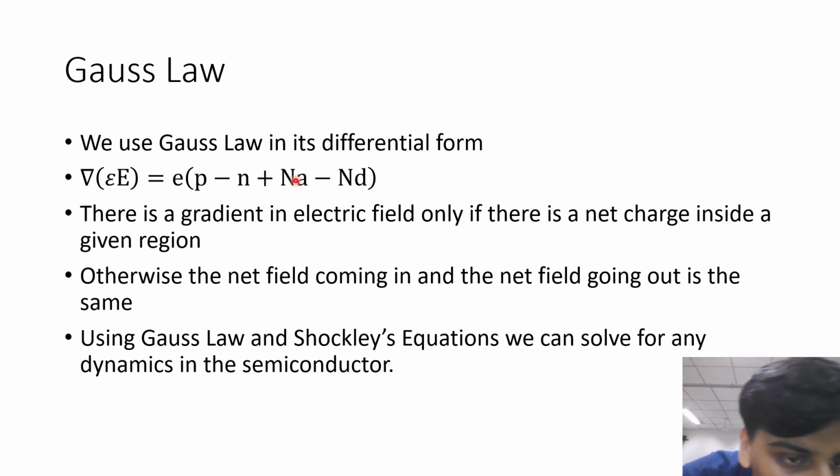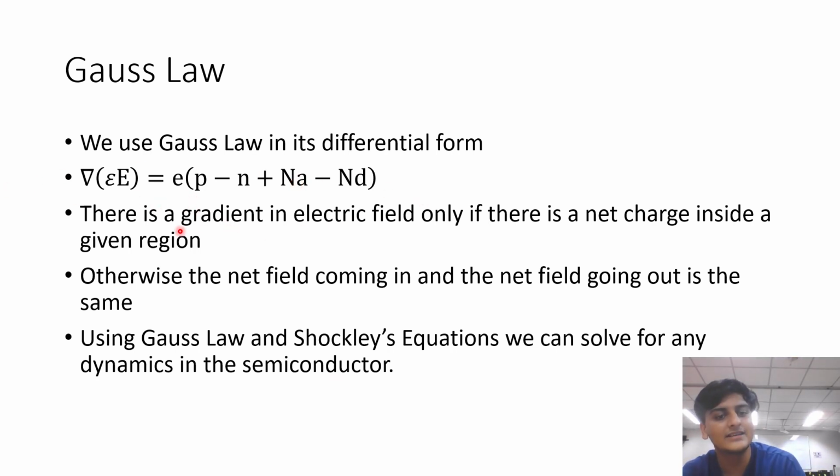Now, why is this intuitive? According to the Gauss law that you saw in JEE, there is a gradient in electric field only if there is a net charge inside a given region. So if I take some region like this, and you know what, let me annotate.